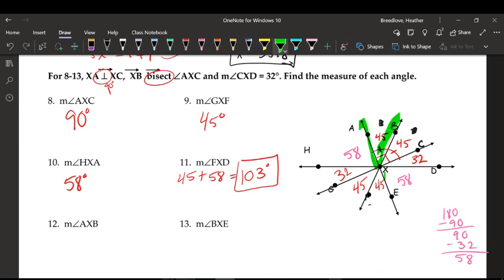A to X to B is this one. I already have it labeled. It's 45 degrees. And last, BXE. It's all of these. So I do need to add those up. 45 plus 32 plus 58, and that is 135 degrees.